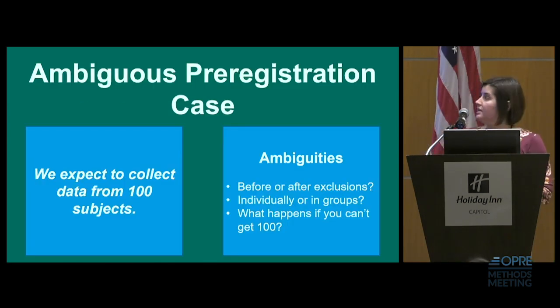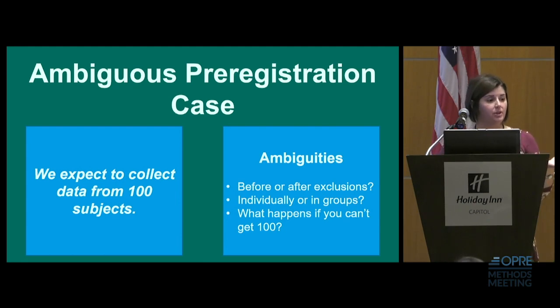So one of the things I said is that we want to make sure that these plans are specific and not vague. And in doing so, we want to make sure that our critical study details are constrained. So for example, we could register that we plan to collect data from 100 subjects, but we wouldn't necessarily know if that's before or after the exclusions have been applied. Are people measured individually or in groups?